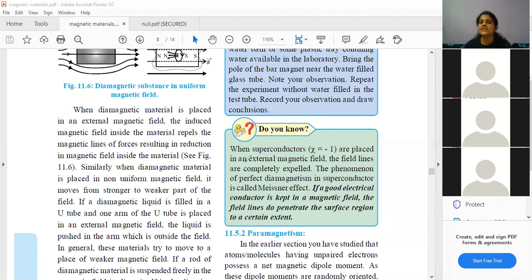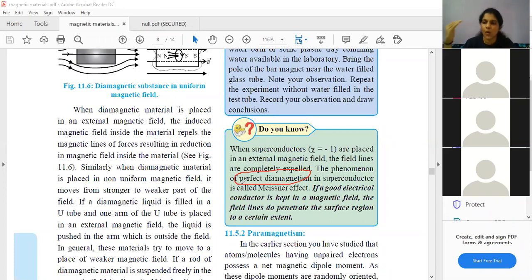When superconductors are placed in an external magnetic field, the field lines are completely expelled. We have seen, right? The material will repel the external magnetic field lines. So the phenomenon of perfect diamagnetism in a superconductor is called the Meissner effect. You all have to remember this name. Okay, fine. Because superconductors possess perfect diamagnetism.